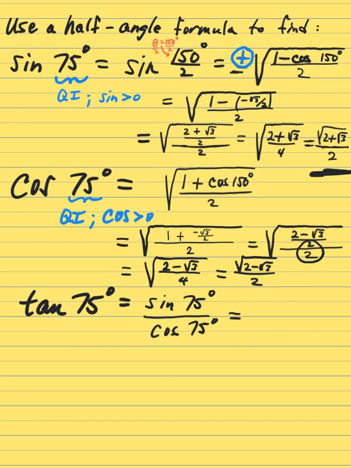That was square root of 2 plus square root of 3 all over 2 divided by, or times the reciprocal of, the cosine answer, dividing by a fraction, which is that one.